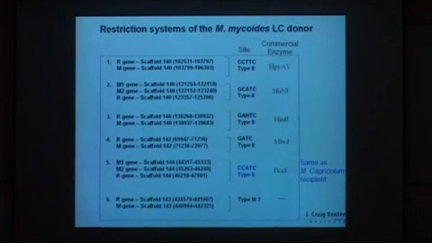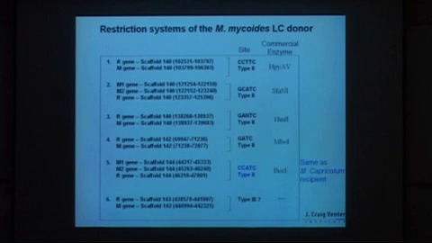And we have a good handle now on the restriction question. It's clear that in our transplant experiment that worked, that DNA restriction is going on, and that the donor strain makes 5 type 2 restriction enzymes.